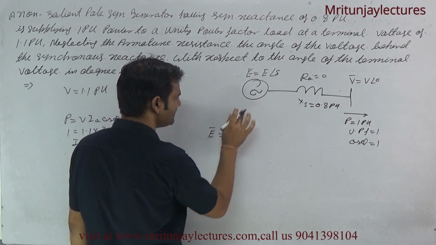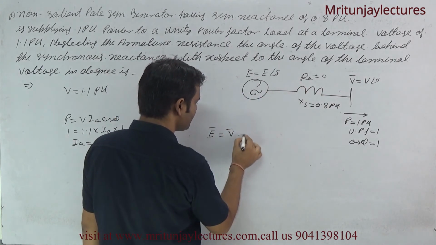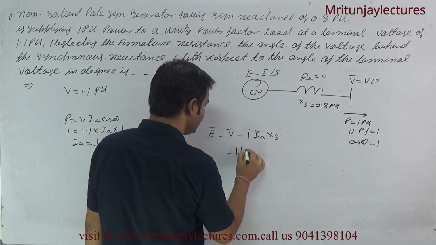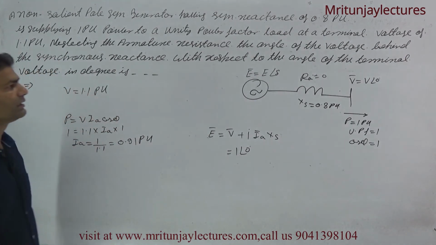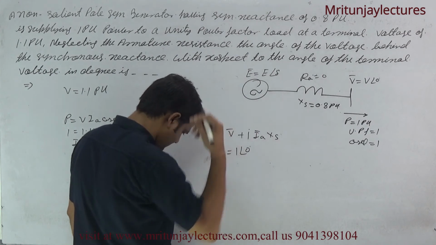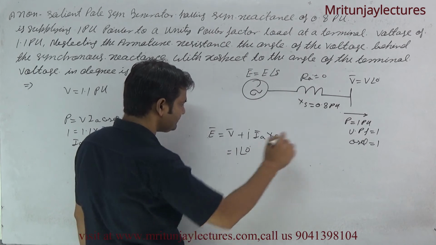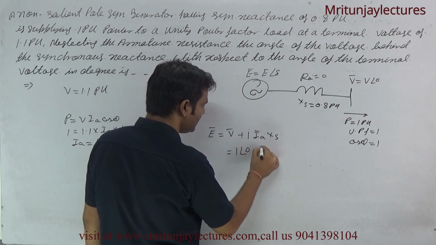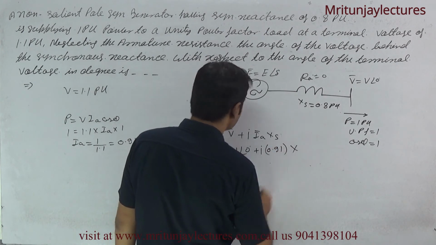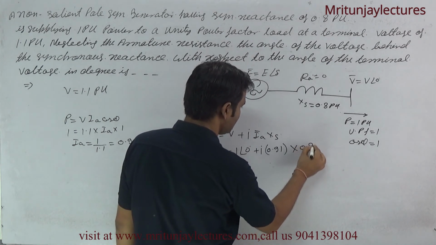E is written as, since it is a synchronous generator, E is equal to terminal voltage plus voltage drop corresponding to this, Ia into jXs. So E is equal to V at the angle 0 plus j 0.91 into, what about Xs, that is 0.8.